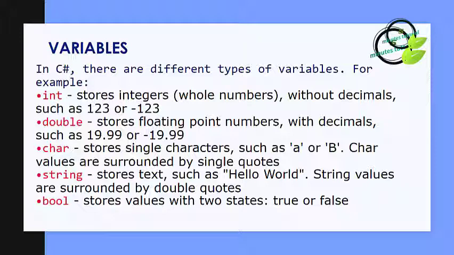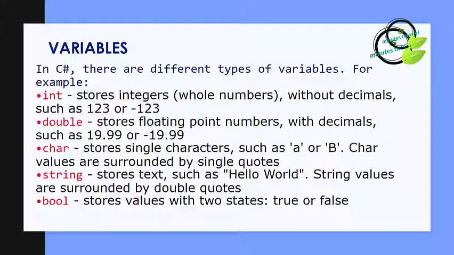Char, actually character type data, like A, B, C, any character. String, such as hello world. String values are surrounded by double quotes. We can write anything in double quotes, that is called a string.